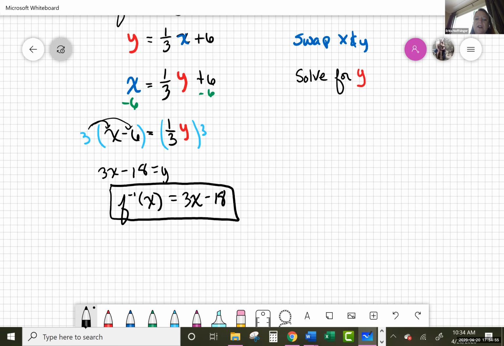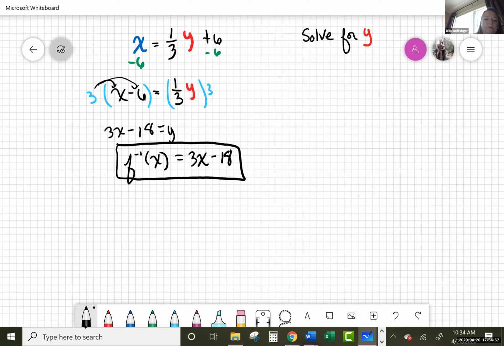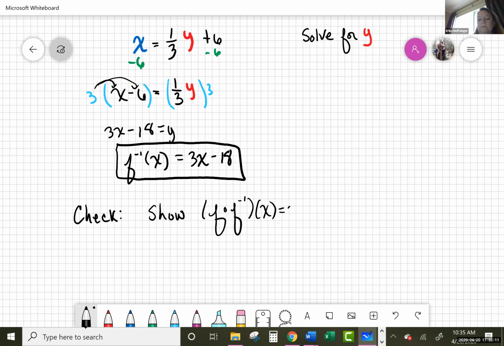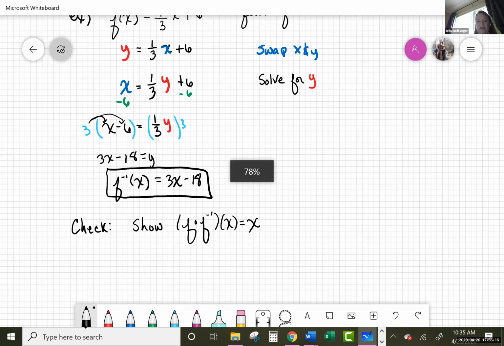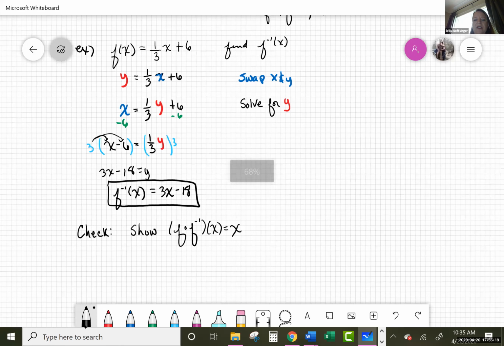Okay, so let's just check it. Let's show that f of f inverse of x equals x. Okay, so we know what f inverse of x is. We have it above.